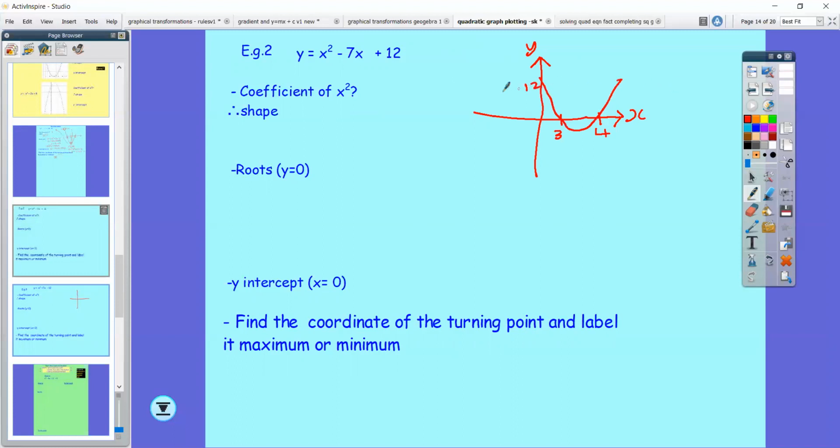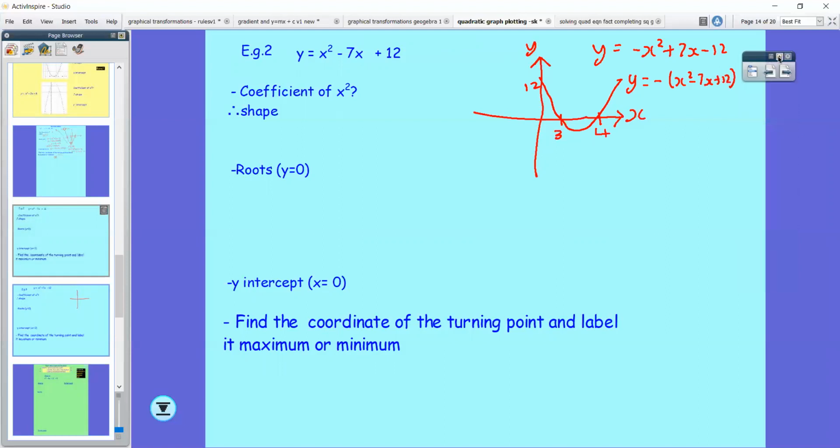And for the other one, where we've got y equals minus x squared plus 7x minus 12. What I do to encourage them to make this easier, some of them try and factorize with a negative x in the bracket. What I encourage them to do is take the negative 1 outside and write it as x squared minus 7x plus 12.